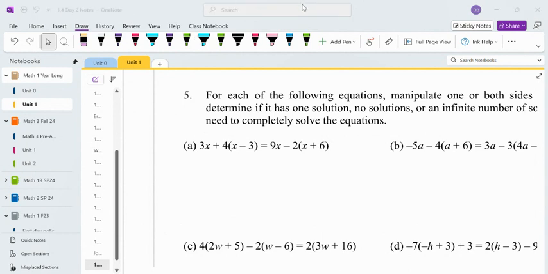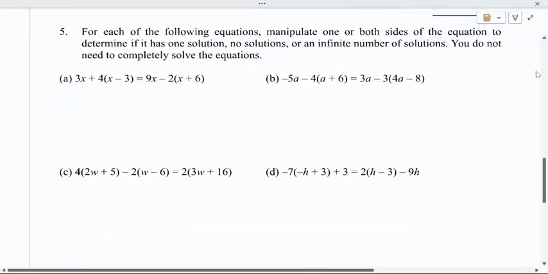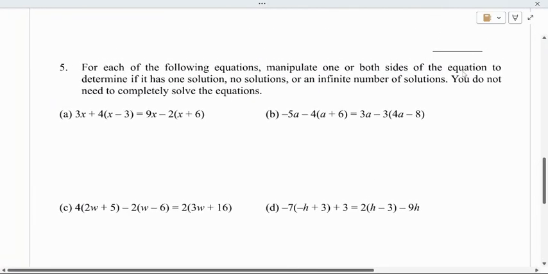I think that we're going to do A and B. So I'm going to do the top 2 examples, okay? Let's see. What do I need to do first? I'm only going to do A and B.